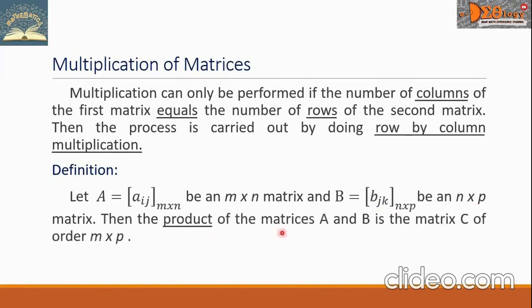Then the product of the matrices A and B is the matrix capital C of order m by p.